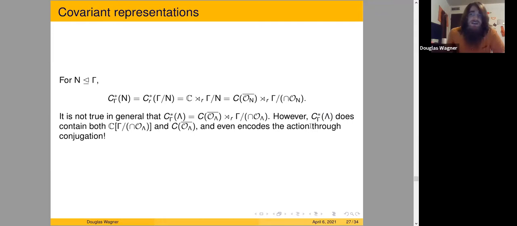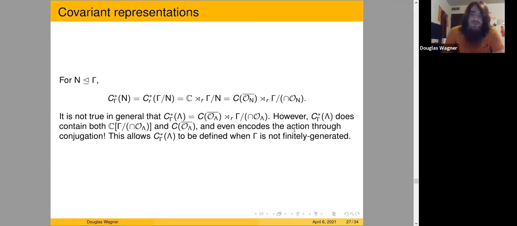And it also, again, contains information about the action on the orbit closure, which means it's like a cross product. And that gives us some tools to work with, such as a definition which isn't reliant on Schreier graphs and thus can be extended to non-finitely generated groups.